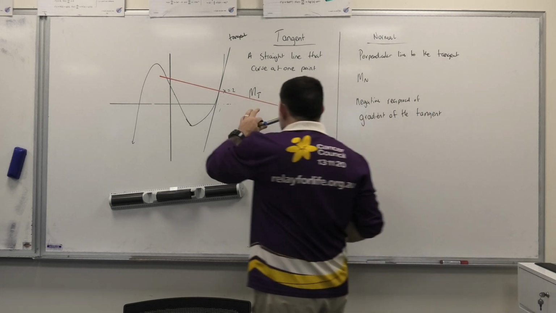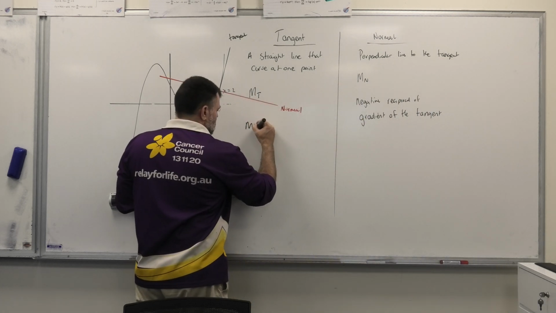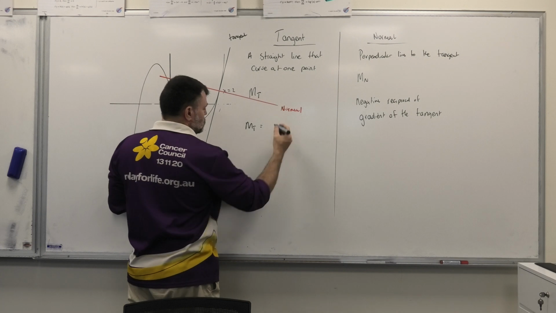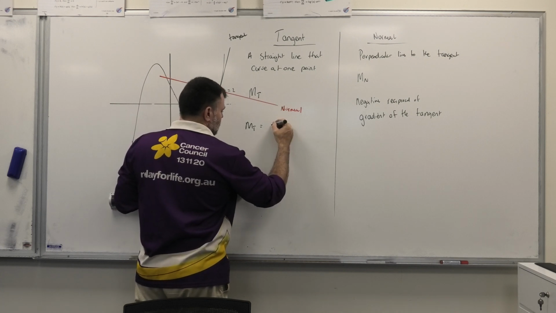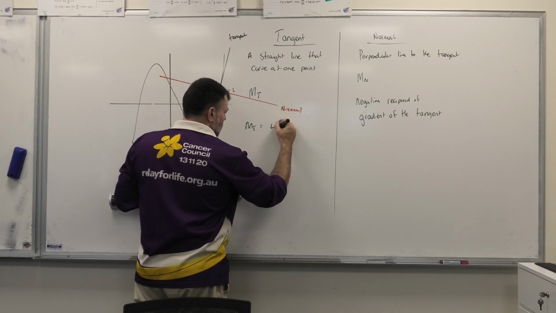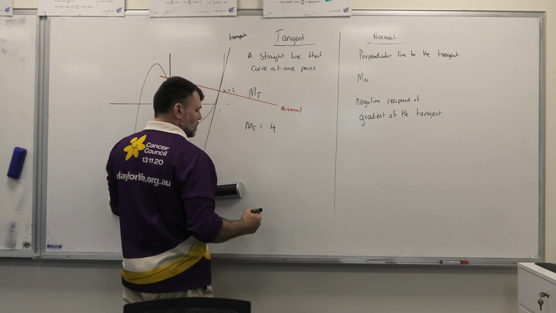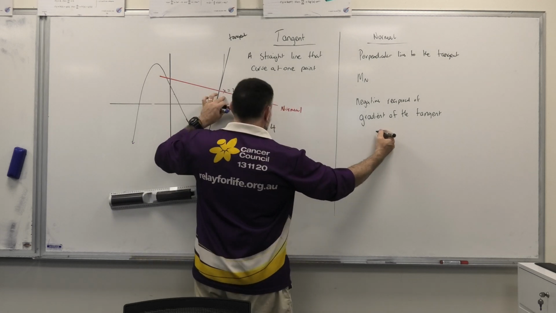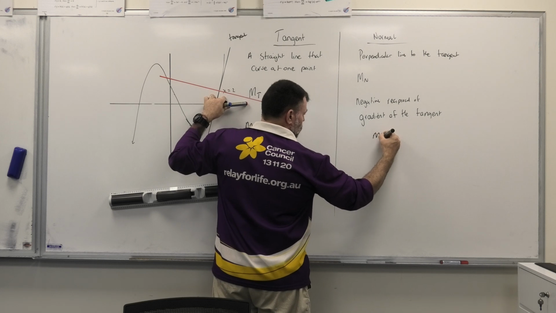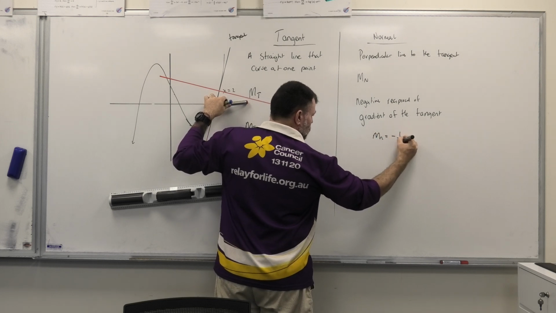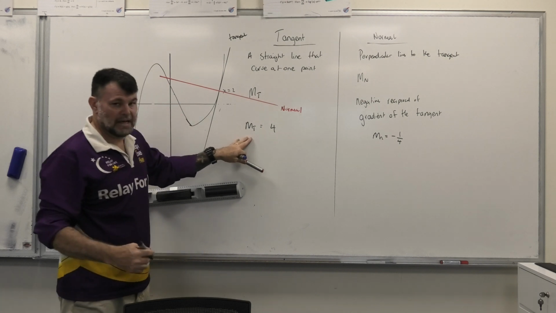So for instance, at this part here, if the gradient of the tangent when x equals 2 was, let's say, 4, then the gradient of the normal when x equals 2 would be the negative reciprocal of that.